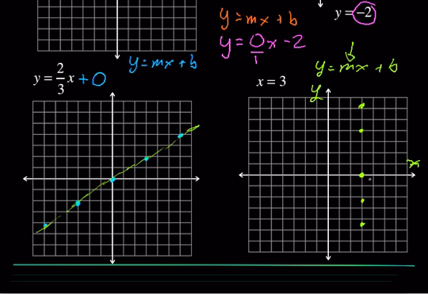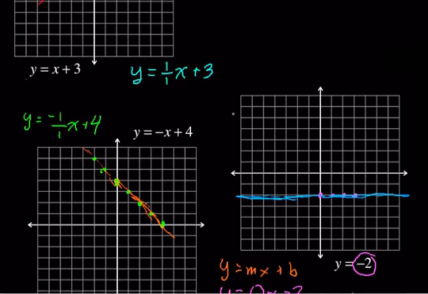X equals 3 everywhere, and y can equal any number at all because y really isn't defined in this equation. So if we were to sketch that line, it's going to be a vertical line at x equals 3. So that's really a special form because it really does not match the pattern y equals mx plus b.